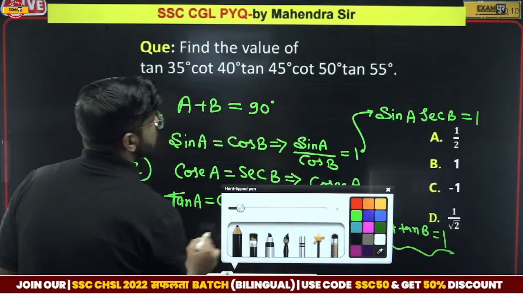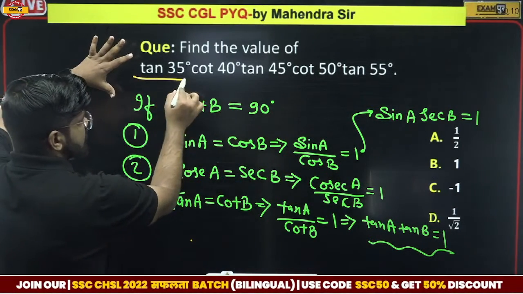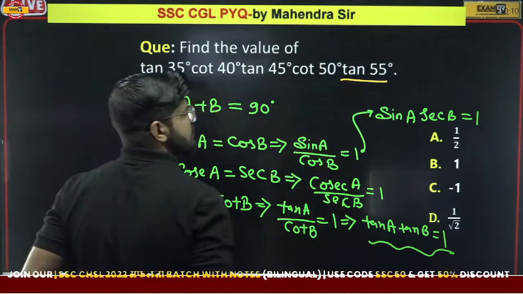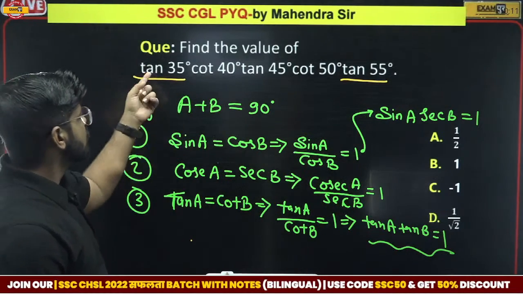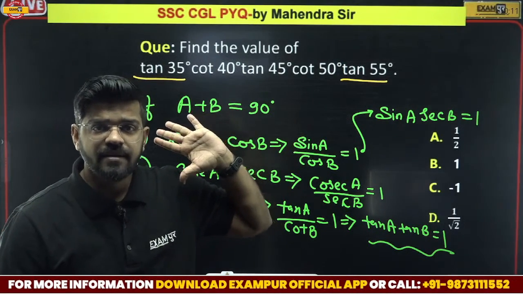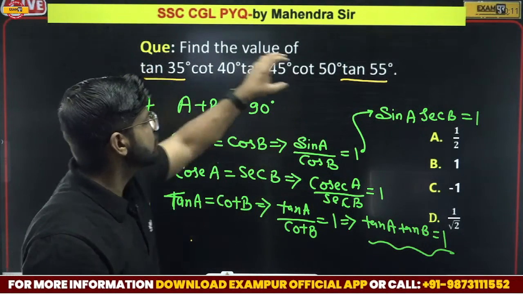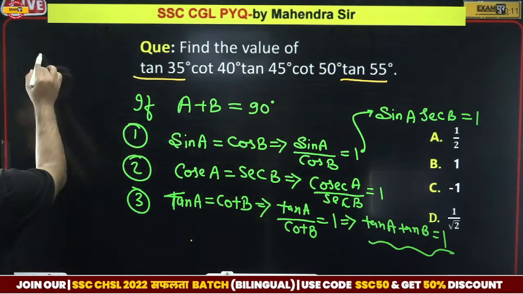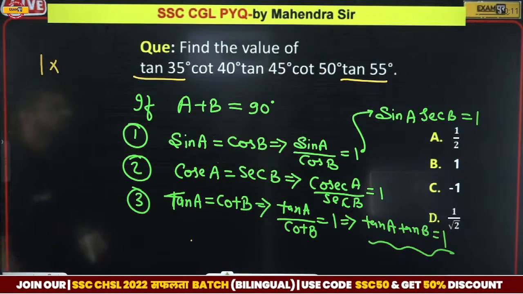Okay, let's solve. You know that tan 35 and tan 55 degree. Now 35 and 55 give you 90 degree, right? That means the multiplication of these two will give you 1.